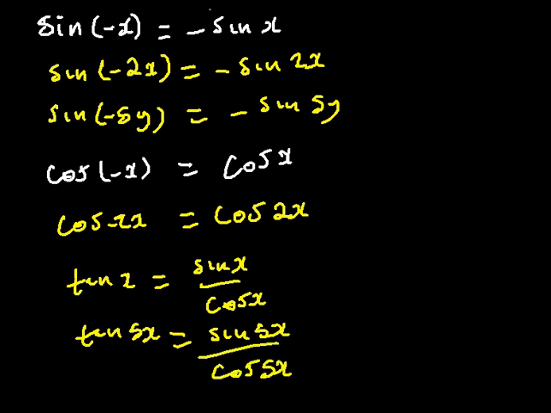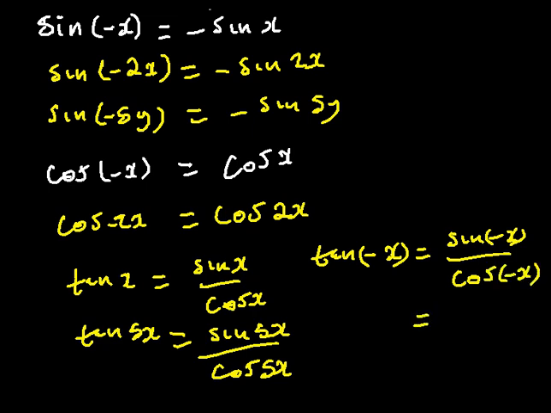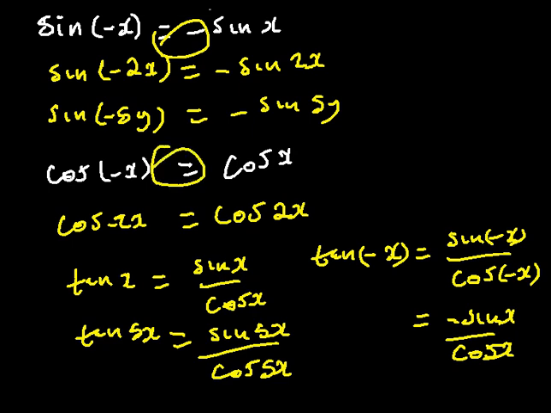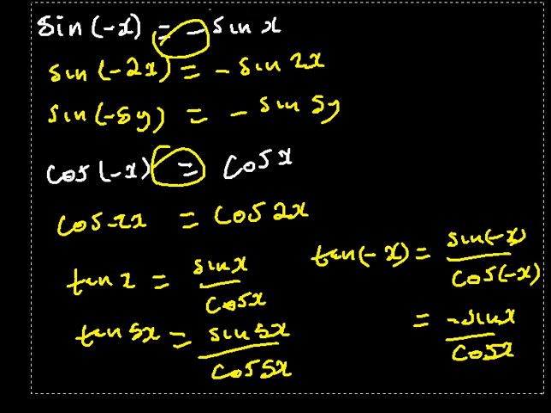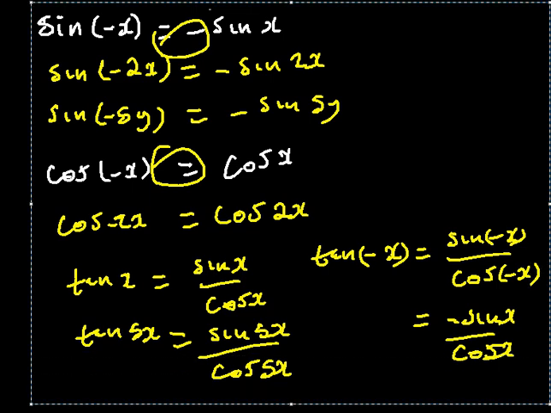Likewise, if we have tan of negative x, this is the same as sine of negative x divided by cos of negative x, which is the same as negative sine x over cos x, according to these trigonometric identities. So that's how you start to understand the symmetry of the functions.